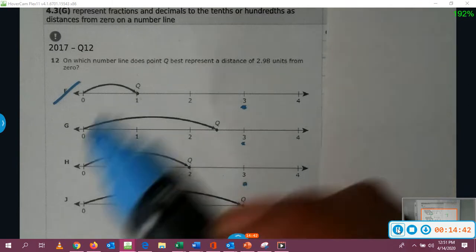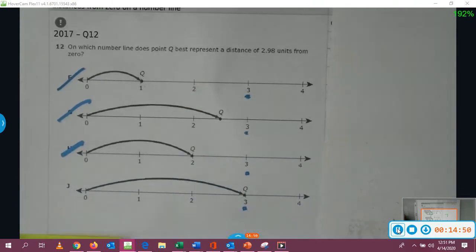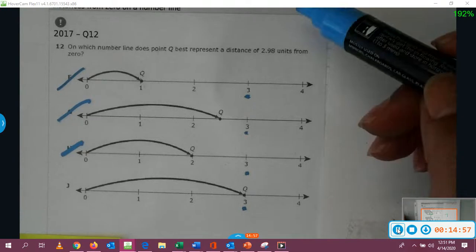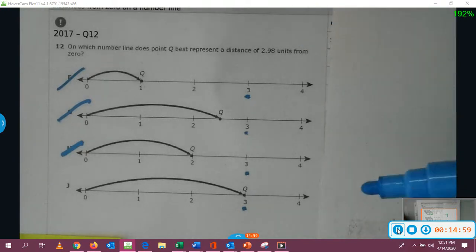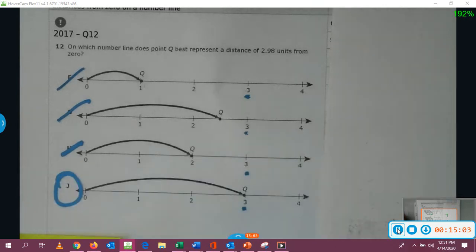And H would be what? 2. It's too close to 2. Now, on J, it is right before the 3, just like 2.98. It's right before the 3. So I will go with this answer. I hope you did too.